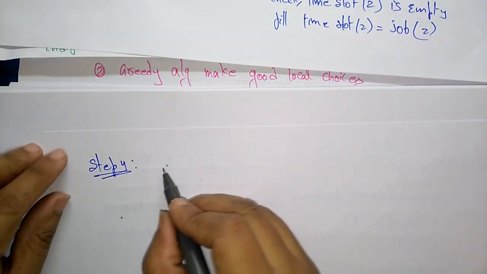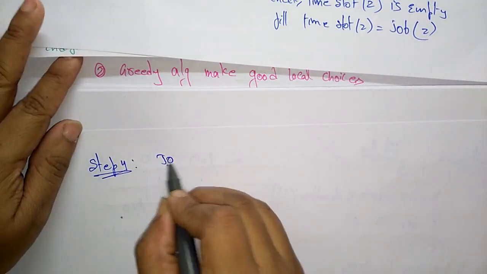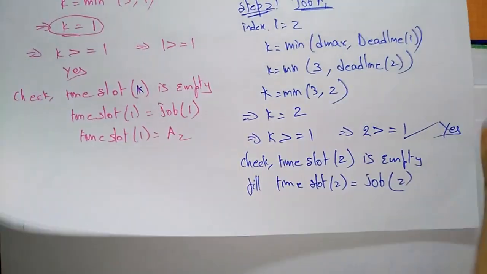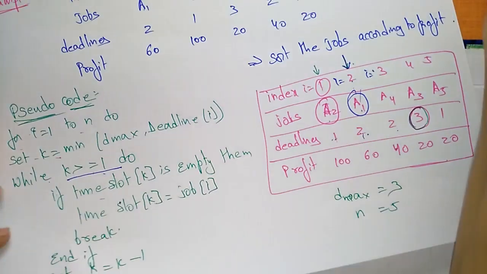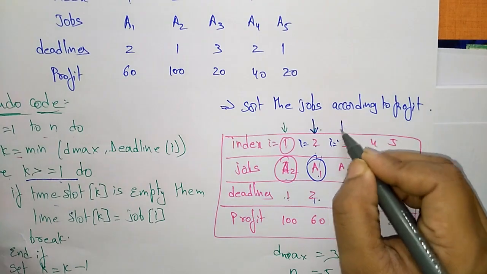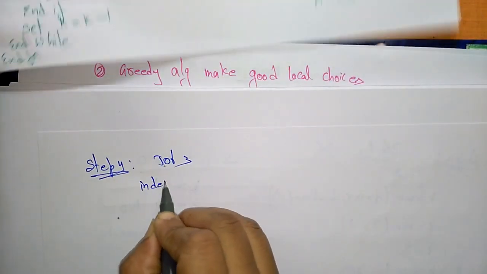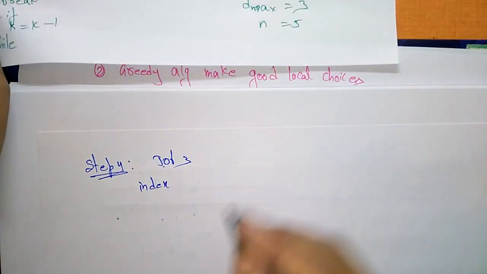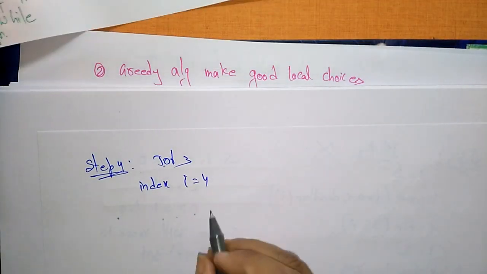In step 4, that is the job 3. So this will be over and coming to the index, I is equal to 4.